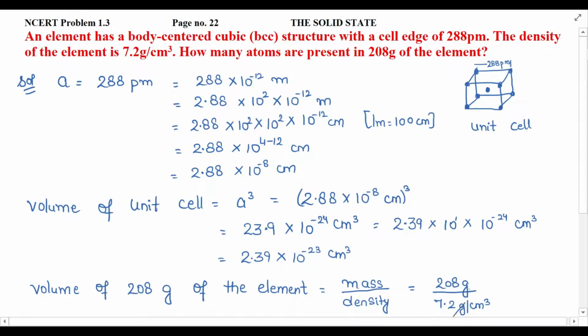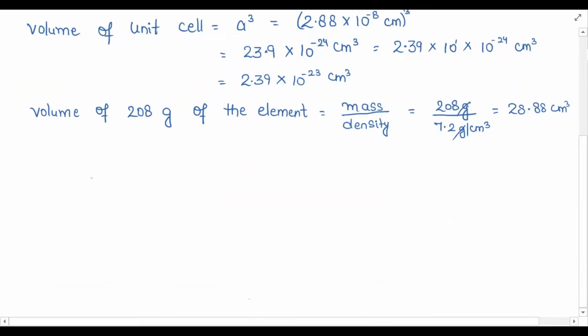So you cancel gram with gram, okay? Here we have centimeter cube in the denominator of the denominator, so when it goes to the numerator, it will go as it is. That means centimeter cube, right? If you divide 208 with 7.2, the answer will be 28.88 centimeter cube, right?